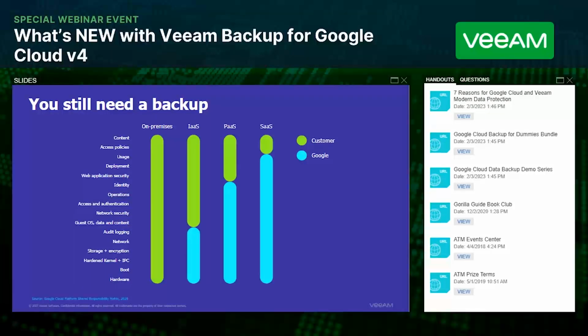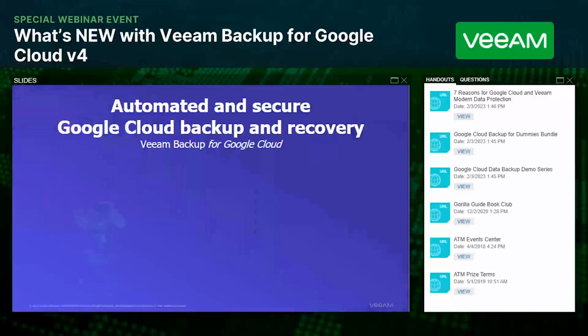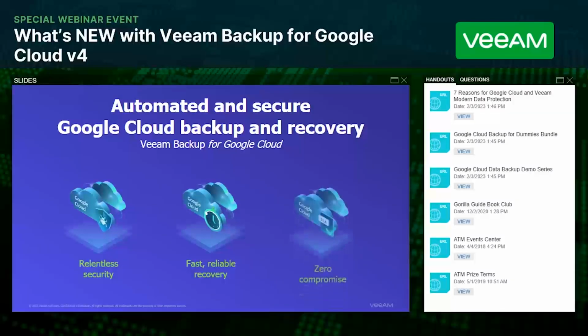Here's a little look at that shared responsibility model that really just shows, irrespective of what as a service you are consuming, whether it's infrastructure, platform, or software, it is still your data and your responsibility to protect that and protect it properly. And that's really what gave rise to not just Veeam Backup for Google Cloud, but our similar product for AWS and for Azure as well.